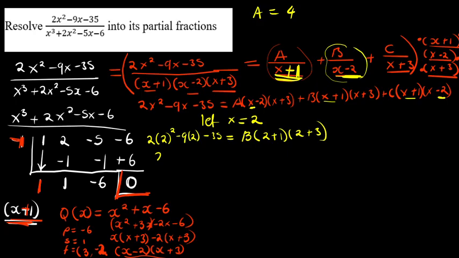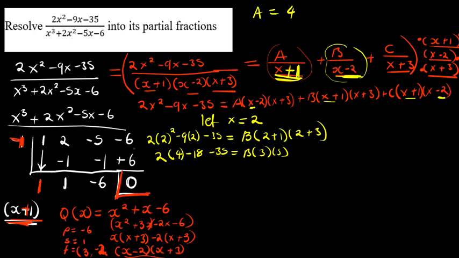So it will be 2 times 4 minus 18 minus 35 equal to b times 3 times 5. So what will happen? It is 8, then minus 18 it is negative 10, then minus 35.